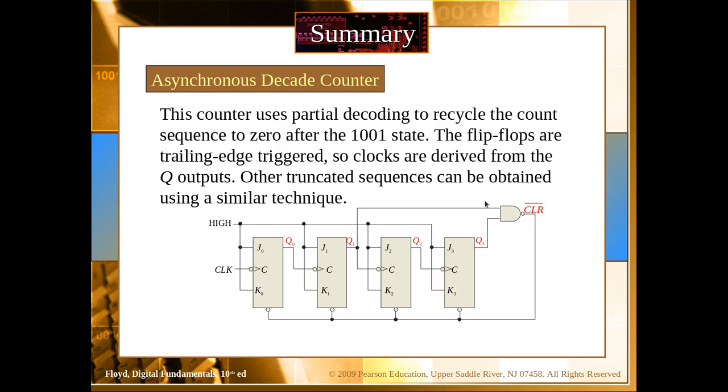The main method to implement this is that whenever it reaches the final number, that is 1001, which is the binary for 9, it should reset to 0000 instead of going to 1010 or 10. So that is why we have connected these 2 outputs, Q1 and Q3, the 2 bits that become 1 at 1010, and they are passed through a NAND gate, which would produce a 0, and that 0 is used to clear the outputs of all the flip-flops.